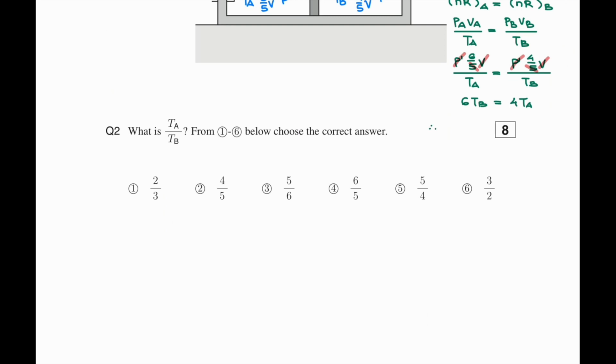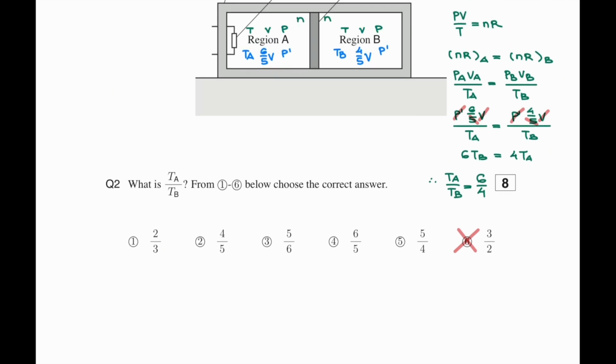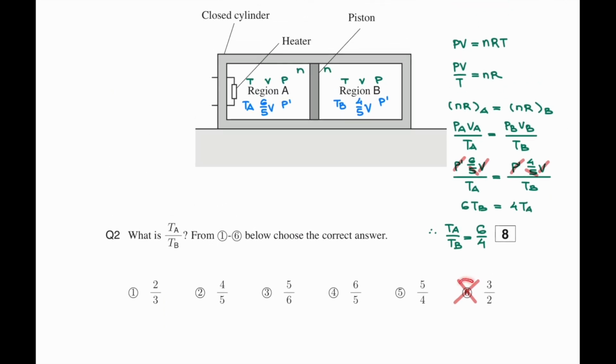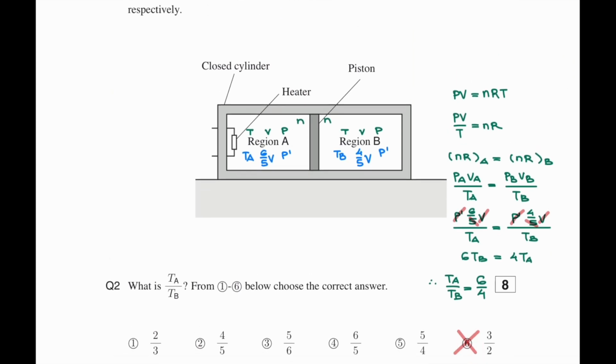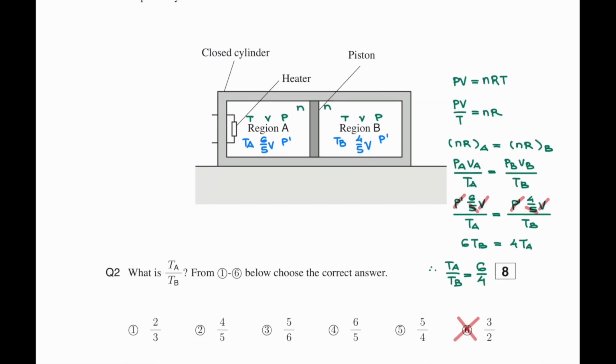That means TA over TB equals 6 over 4, which is 3 over 2. So our final answer for question number 8 is 3 over 2, which is number 6. This is my answer for question number 8.